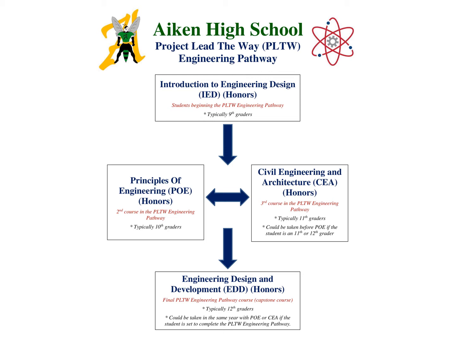Sometimes I have students take Introduction to Engineering Design their 11th grade year, and then they really want to take Civil Engineering and Architecture, so they take that one next, and they don't even take Principles of Engineering or Engineering Design and Development. This pathway is designed so that students can be a completer in my program, but also we allow some flexibility for students who will not complete this program, but yet still want to get some experience in an engineering field that they think interests them the most.